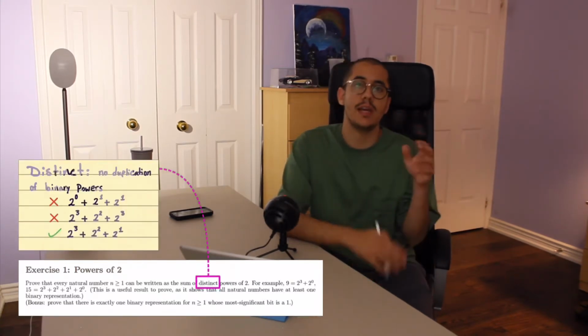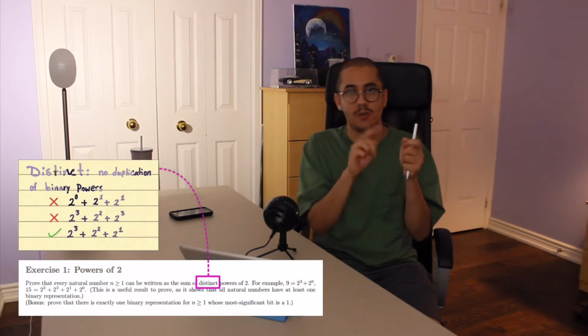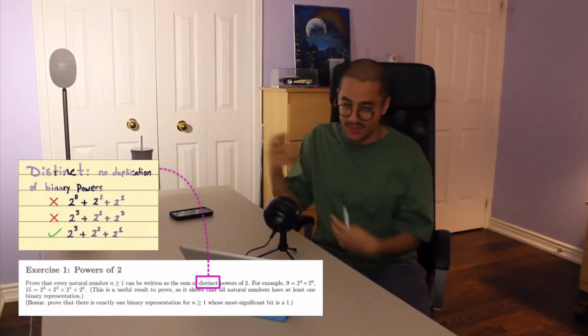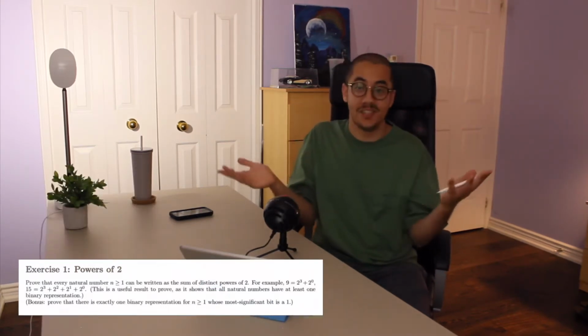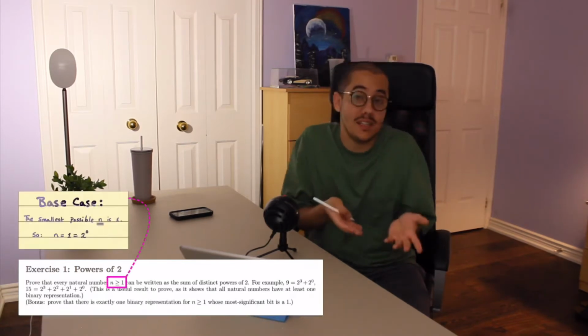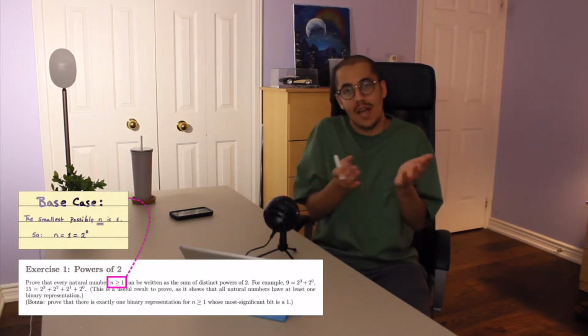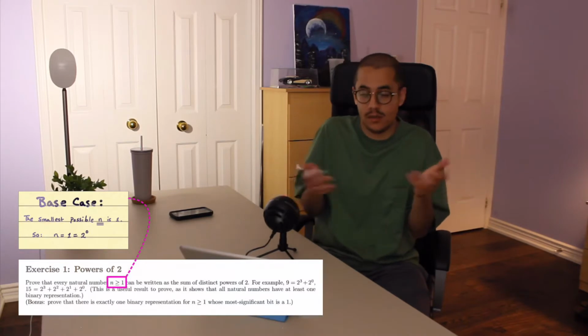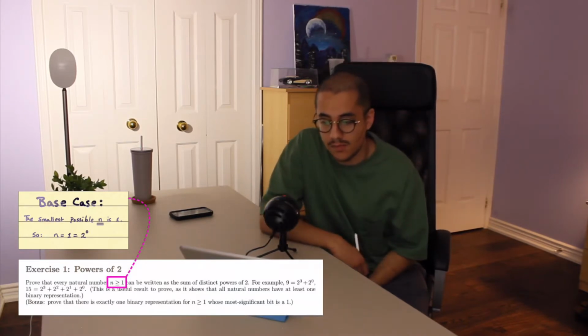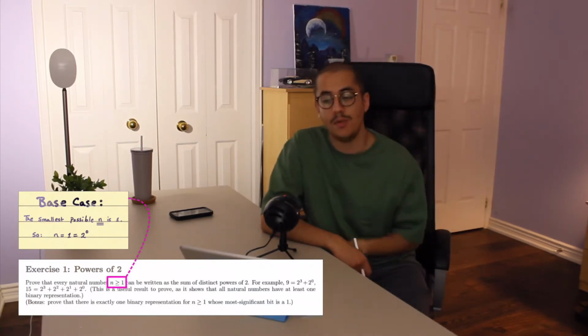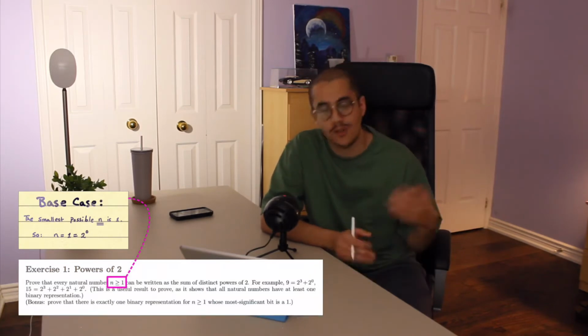Distinct here means no duplications, meaning 2 to the power of 0 cannot happen multiple times. But like I just said, 2 to the power of 0 is equal to 1. So therefore, n equals 1 can be written as the sum of distinct powers of 2. So that's our base case.